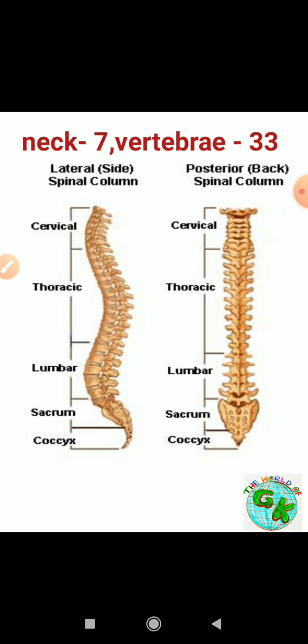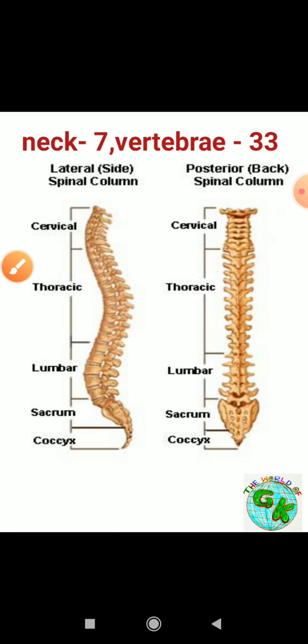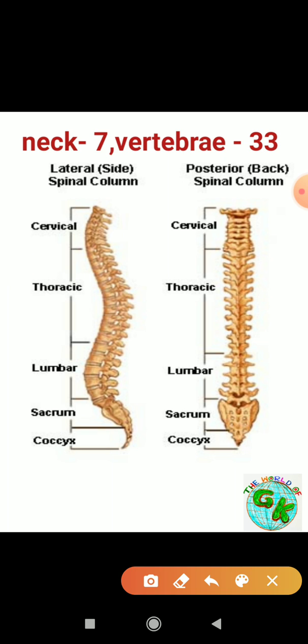Next, let's see the bones in neck and vertebrae. Total 33 bones are there in vertebrae, and this portion is known as cervical vertebrae. Cervical vertebrae is the neck part.